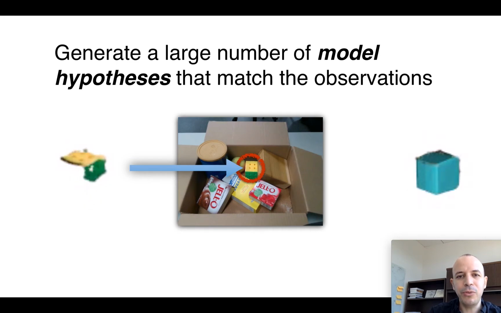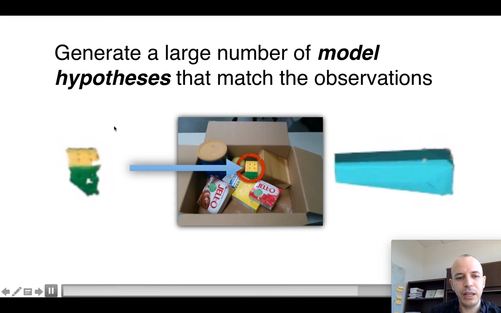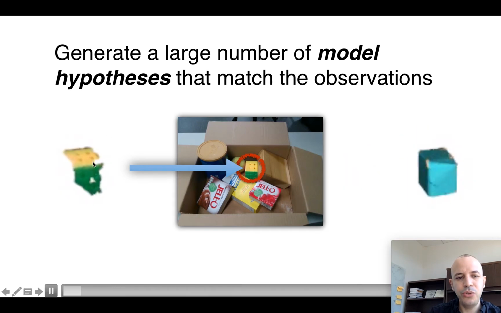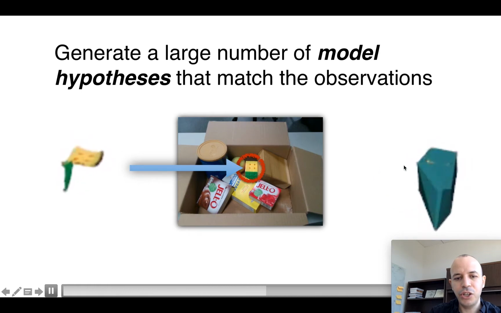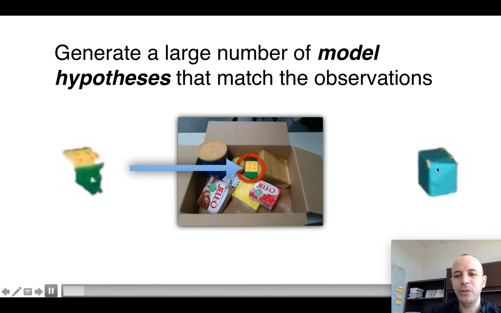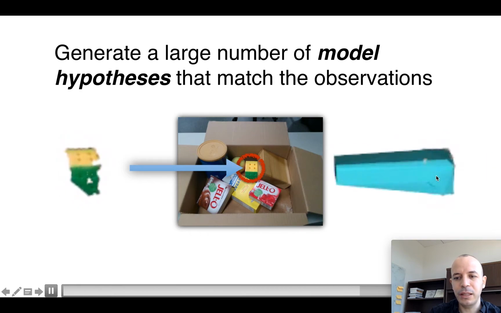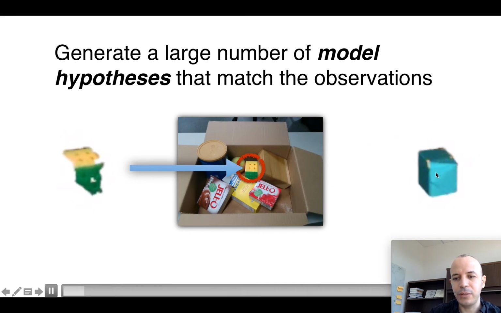This is an example where we have a scene, and the only thing we see on the left side is two sides of a cube, and we want to complete the shape of the cube. First, we can generate a set of possible hypotheses by playing with those visible parts, mirroring them, and creating all sorts of geometric shapes based on that.